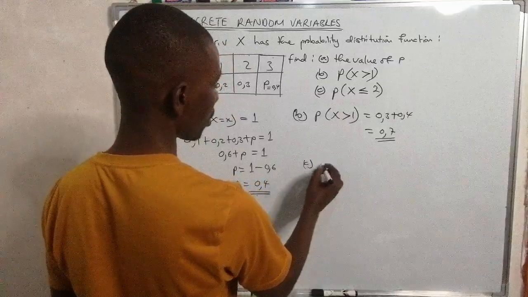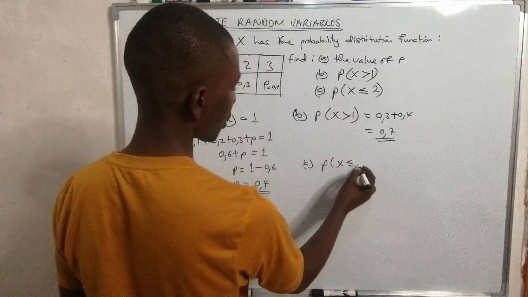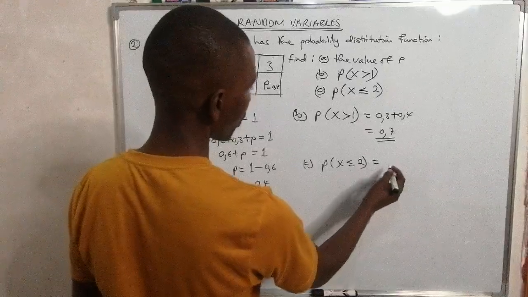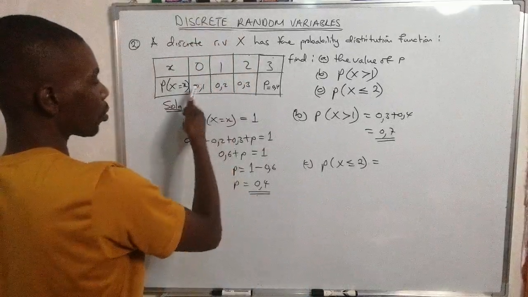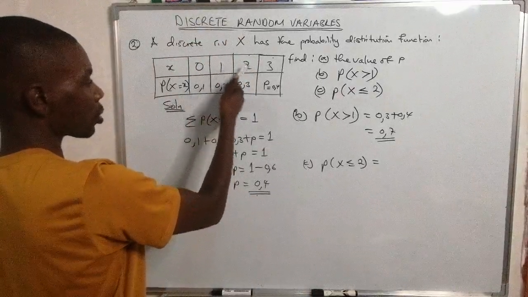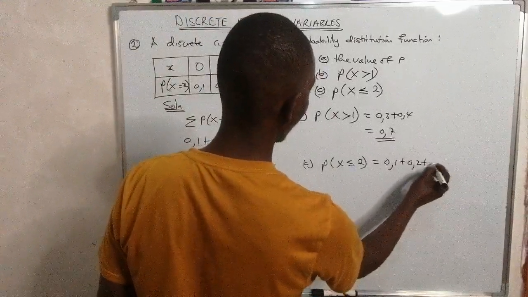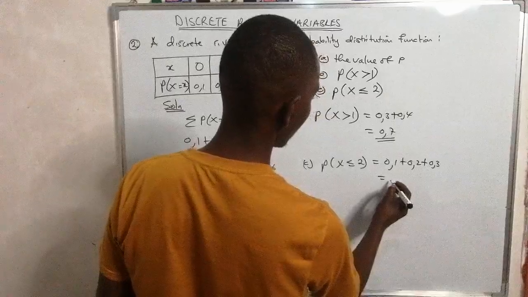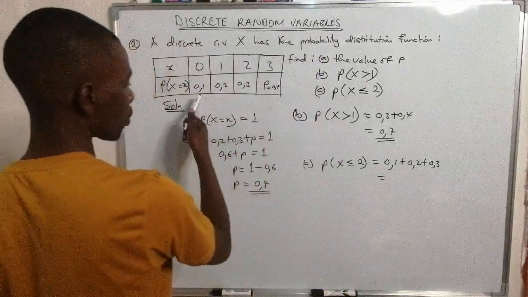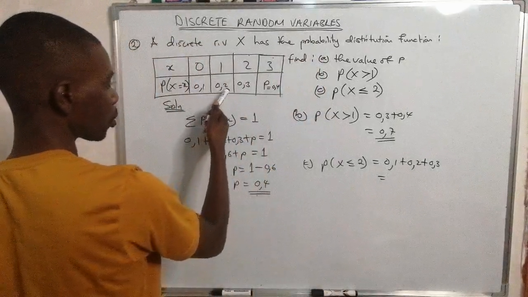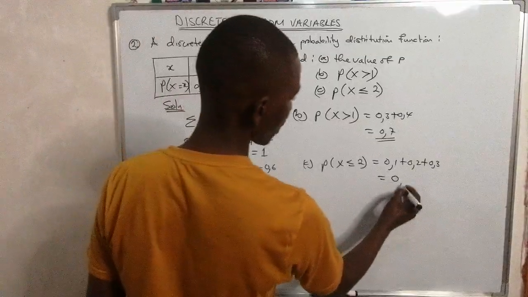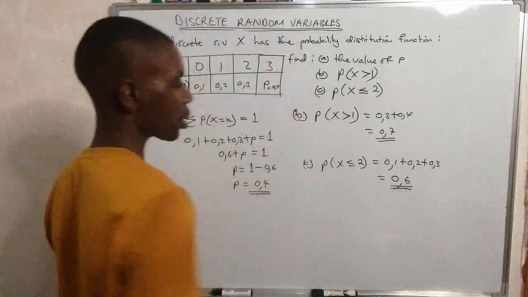Then c, the probability of x is less than or equal to 2: we take 0, 1, 2, which is 0.1 plus 0.2 plus 0.3. That will be 0.6.